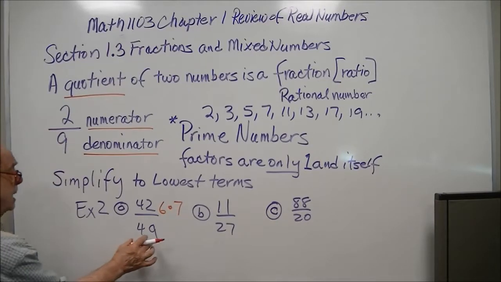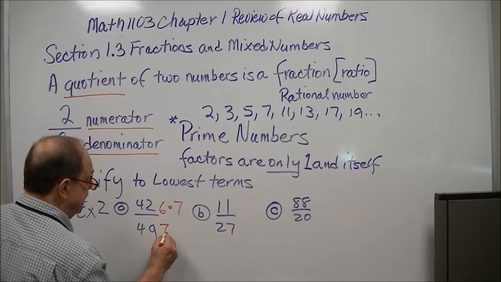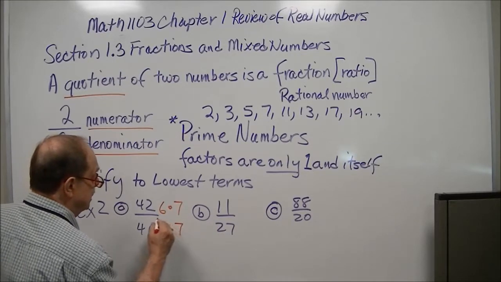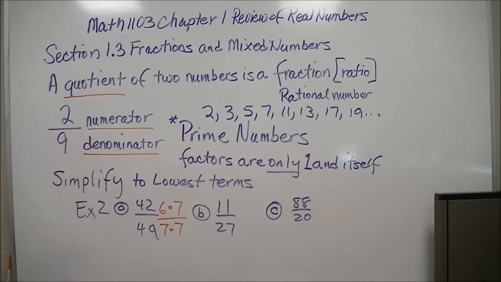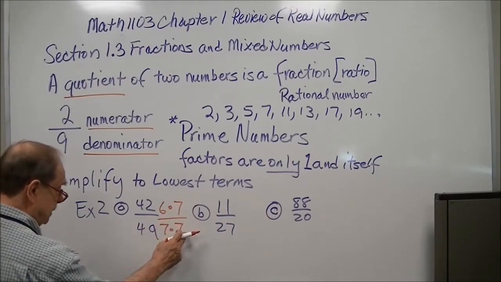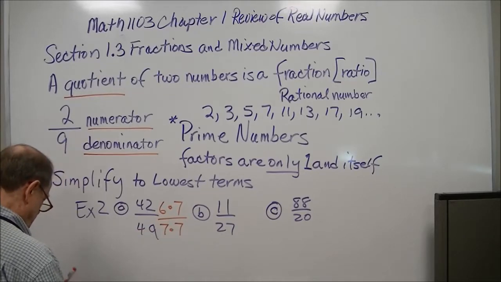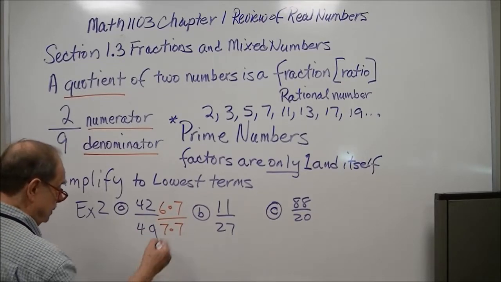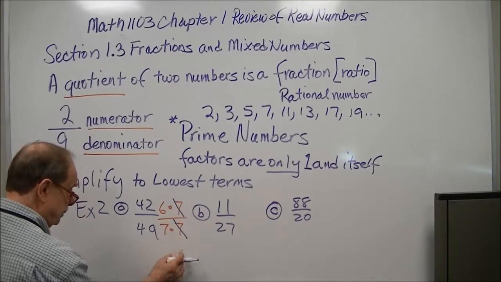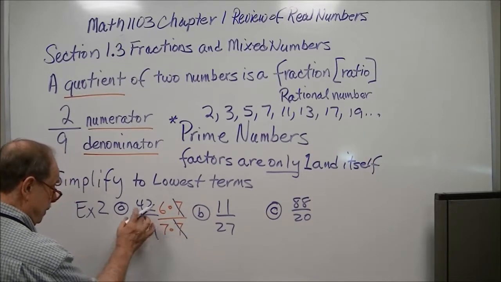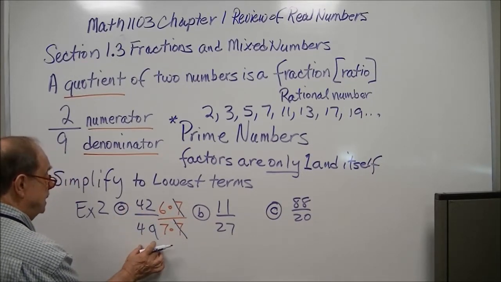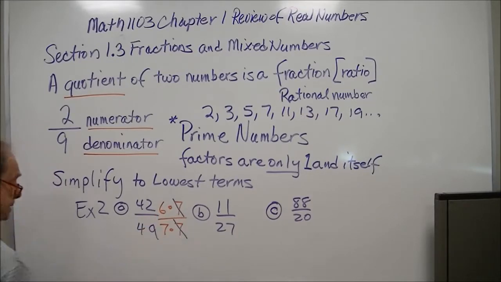And when I see 49, I think 7 times 7. Now, when I look at that, do I see any 1s in there? Well, 7 over 7 is 1. So in a sense, I can factor that out, or cancel out, or simplify. So 42 49ths becomes 6 over 7.